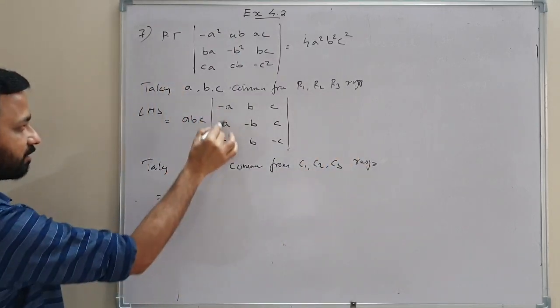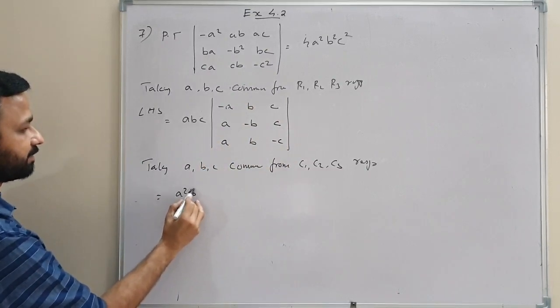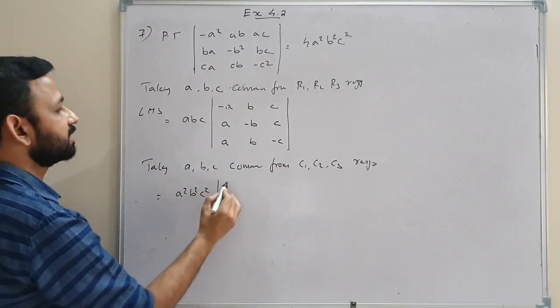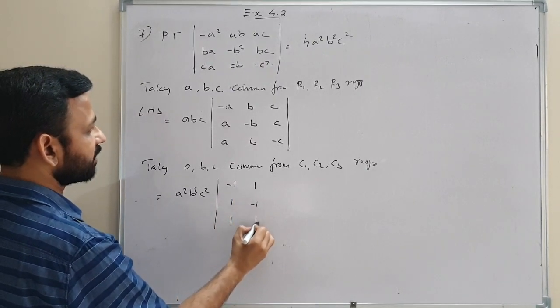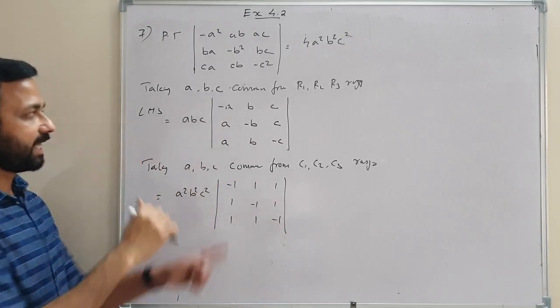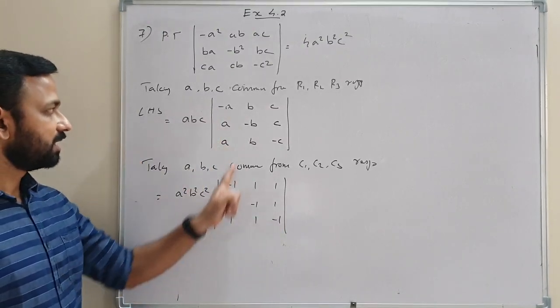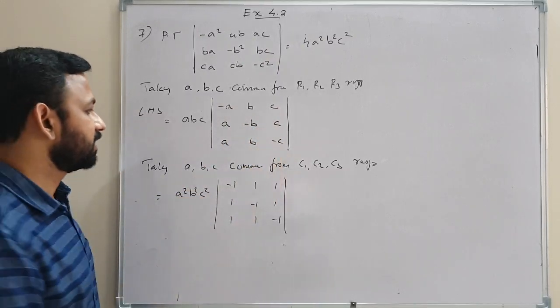So when we take a outside, b outside, c outside, then it will be a square, b square, c square. Then minus 1, 1, 1; 1, minus 1, 1; 1, 1, minus 1. So now we got 1.